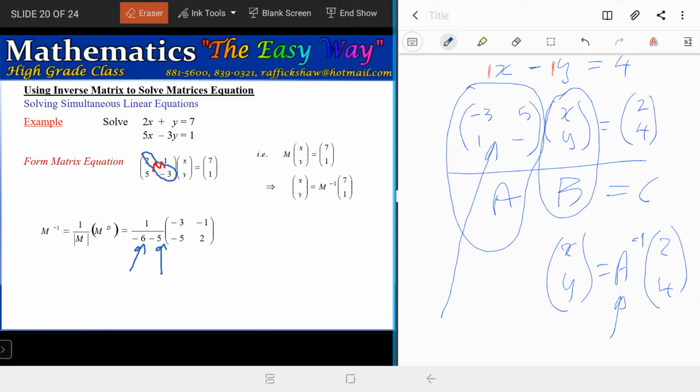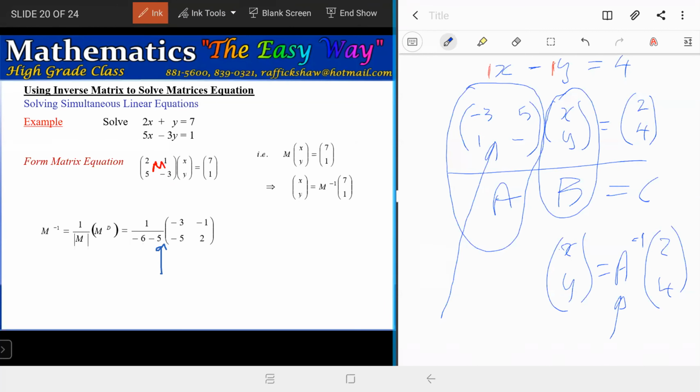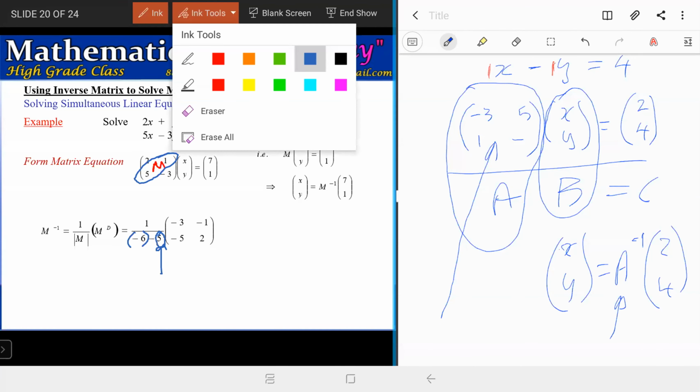And then the -5 is really minus 1 times 5, so that's -5. So -6 is the first product and -5 is the second product.